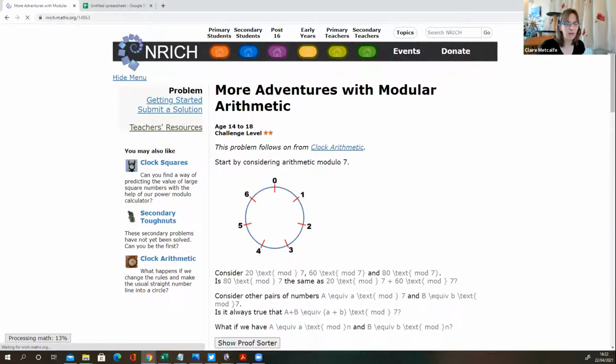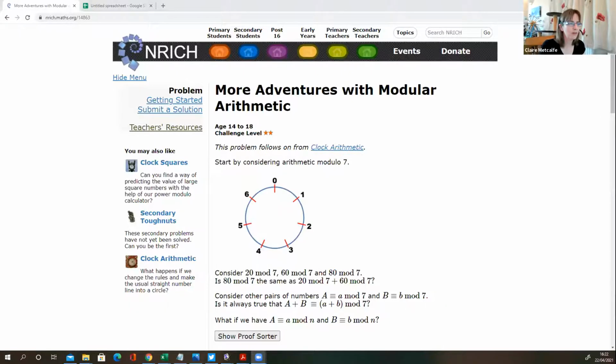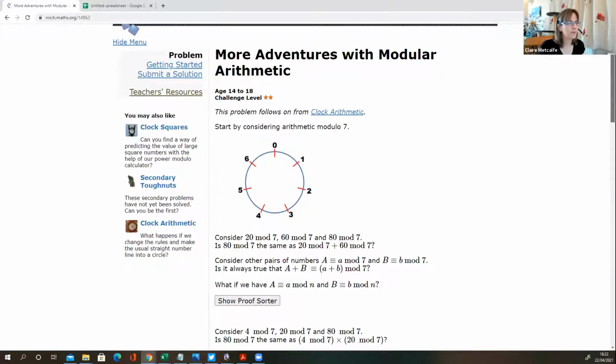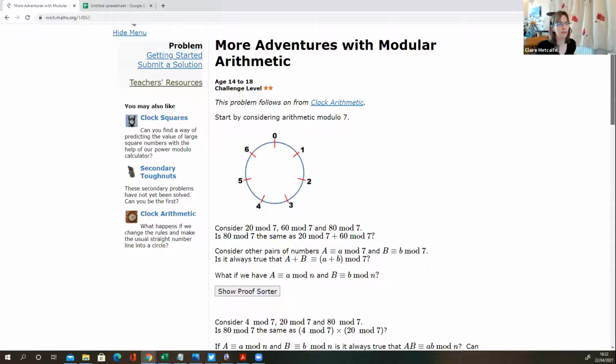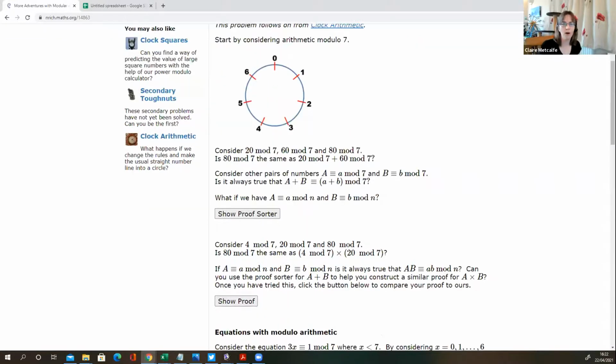And this question asks you to start by thinking about 2 numbers, so 20 mod 7 and 60 mod 7, and what happens when you add them together. So I can see that 20 mod 7 is equal to 6. 60 mod 7 is equal to, I've now forgotten what it's equal to. 4, isn't it?